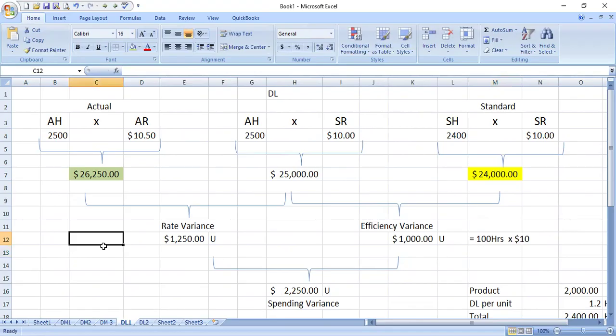And here 1,250 comes from 2,500 hours, 500 hours, times 50 cents. 50 cents per hour. And that's how we get 1,250. Make sense?